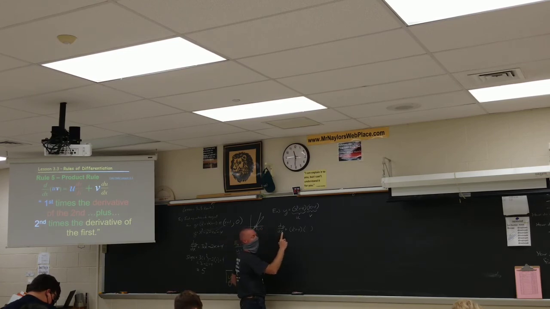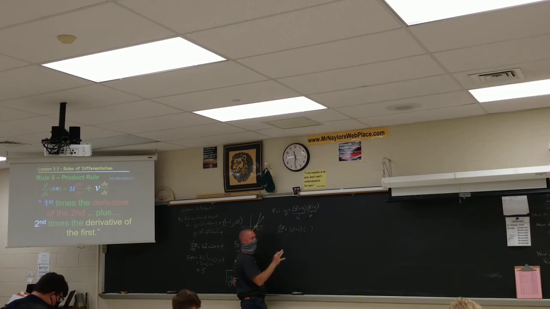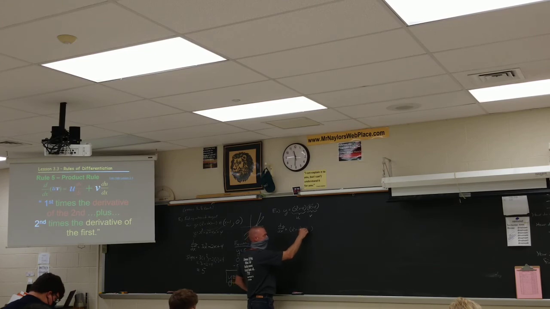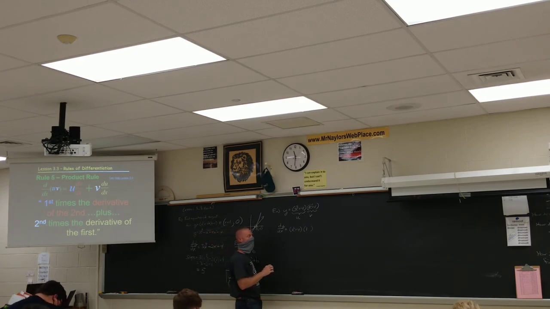Now remember, the reason the derivative of x is 1 is because that's the slope of x, or you could also think about the exponent of 1 coming down in front, and then you get an exponent of 0. But bottom line is it's 1. How about the derivative of minus 1? And again, remember from Friday that is 0. So basically, the derivative of the second is 1.